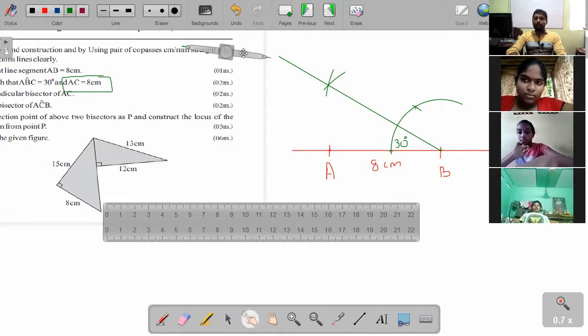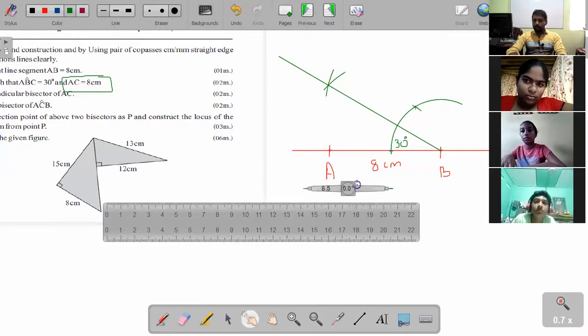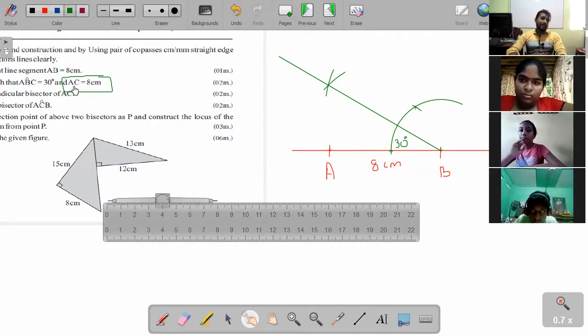Look at how you get the correct position of C. You have to take 8 centimeters on your compass. What is the length? AC, no? So you have to keep the metal point at A.